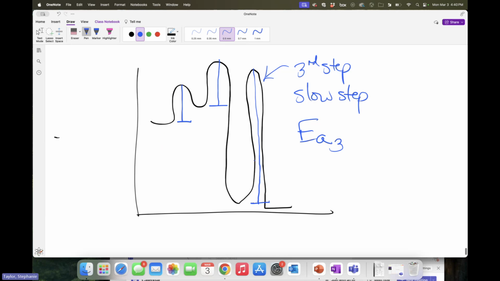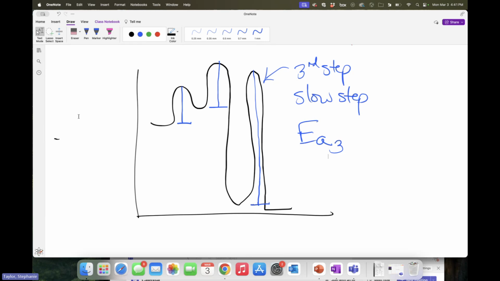Here, step 3 has the greatest activation energy. Step 2 is taller. So just be aware that that third step with the greatest activation energy is going to be your slow step, even though it's shorter across the top than the other one. So steepest gradient: highest from bottom to top, not a line across the top, but from bottom to top.